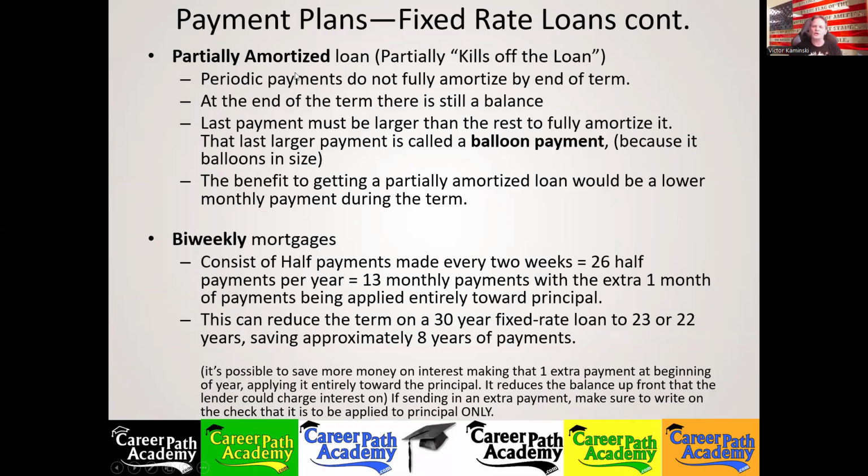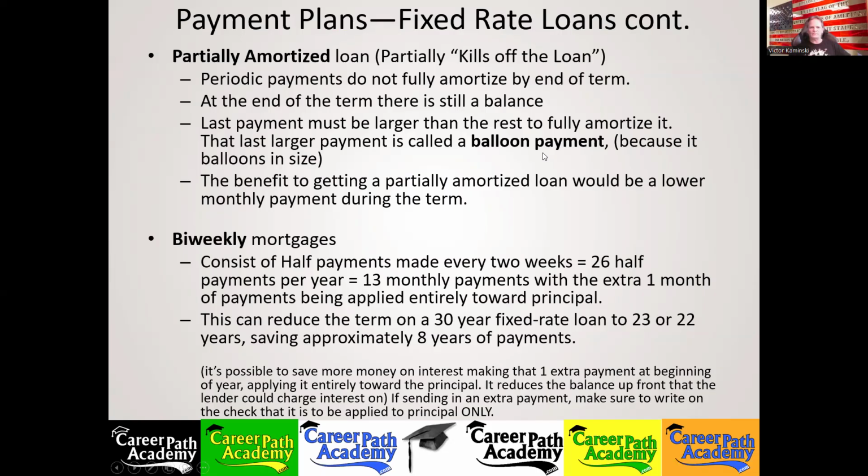So the last payment has to be larger to kill off that balance. You got to put one more bullet in that loan to kill it off, right? And the way you're going to do that is make a larger payment. So the last payment must be larger than the rest to fully amortize it. So that last larger payment, it balloons in size. And because it balloons in size, it's called a balloon payment.